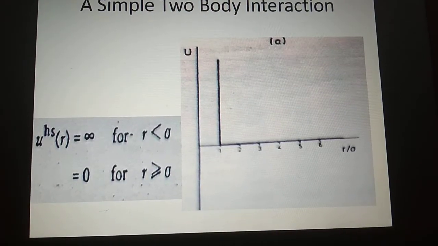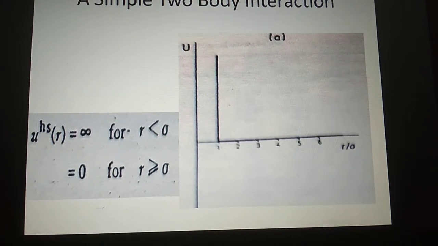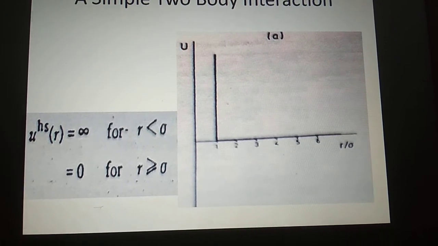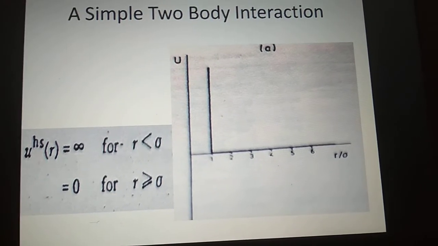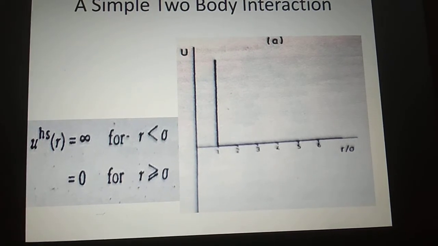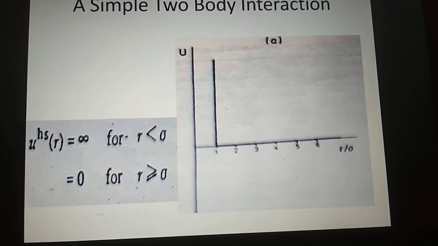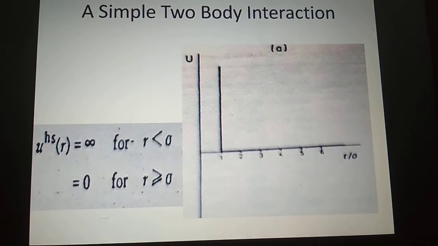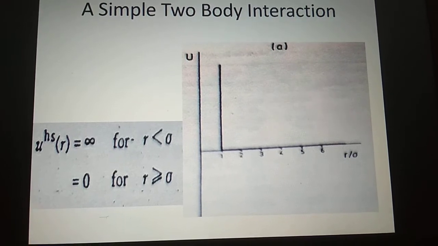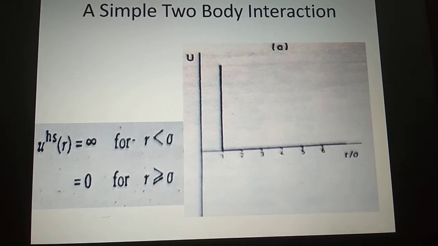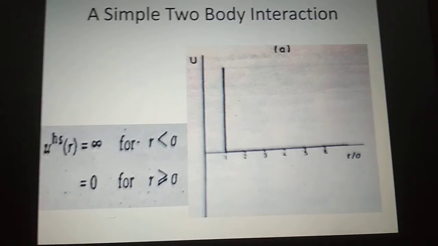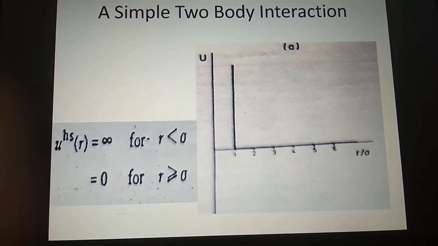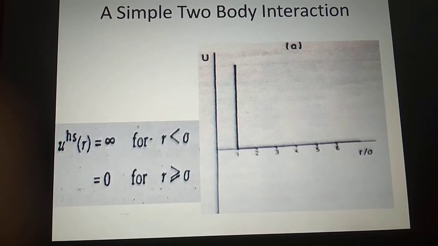A simple two-body interaction is of four types. First, the simplest two-body interaction exists between imaginary hard spheres. Hard spheres are defined by the following potential energy function: μ_HS(r) is equal to infinity for r less than σ and is equal to 0 for r equal to or greater than σ.